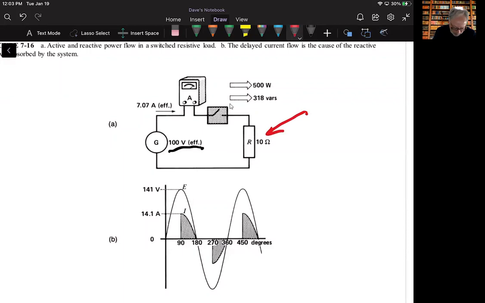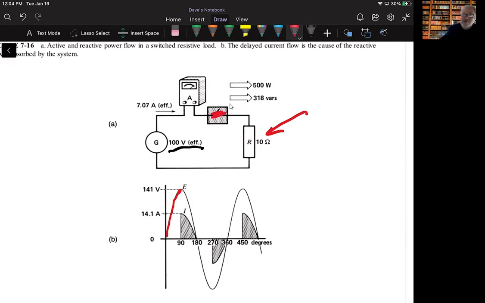And so what's happening is, as the switch opens and closes at a certain voltage, it's triggered, so to speak. So during this portion of the voltage, the circuit or switch is actually open. Then when it reaches that threshold, at that point the switch closes and current starts to flow.